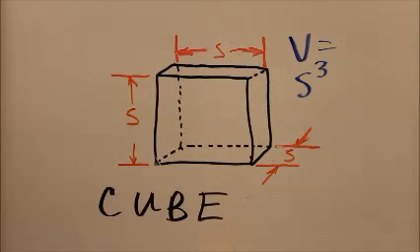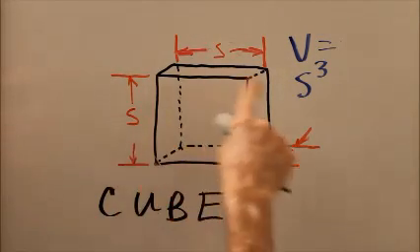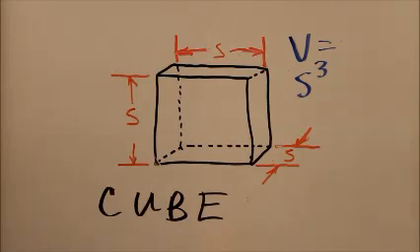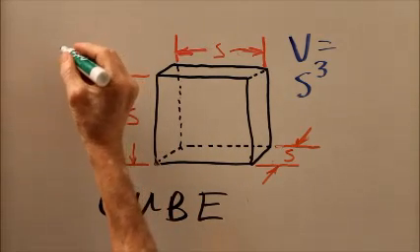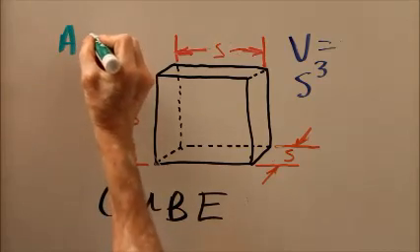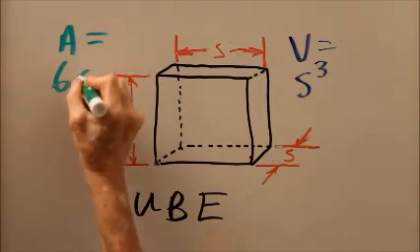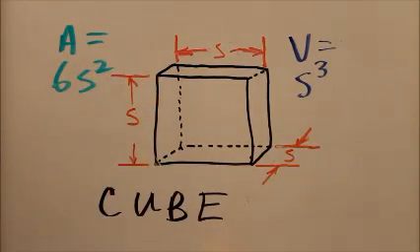The surface area of any given face is S squared. The total surface area of the cube, therefore, equals 6S squared, because there are 6 faces in any cube.